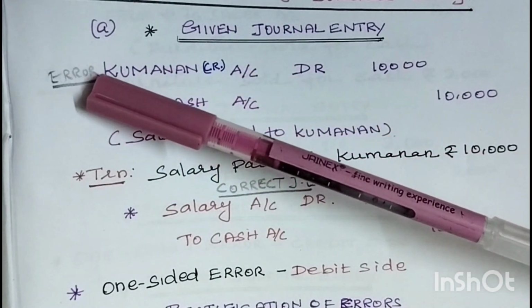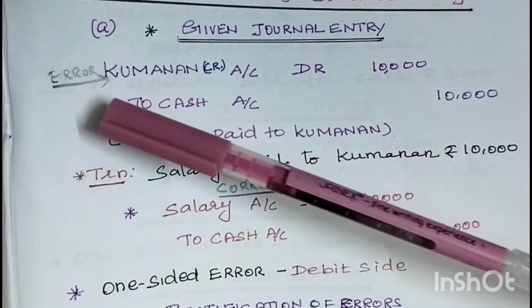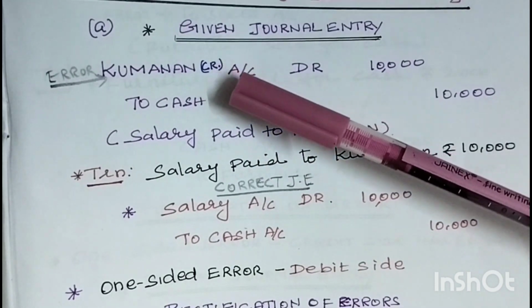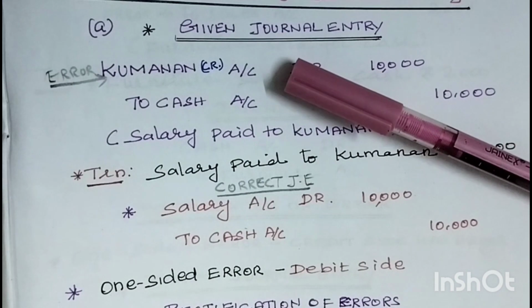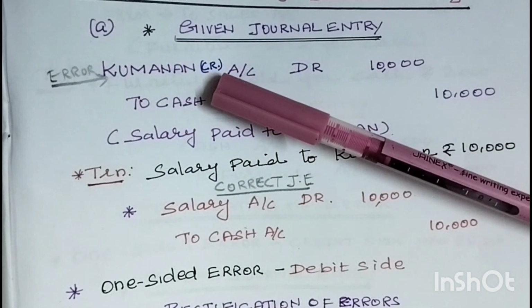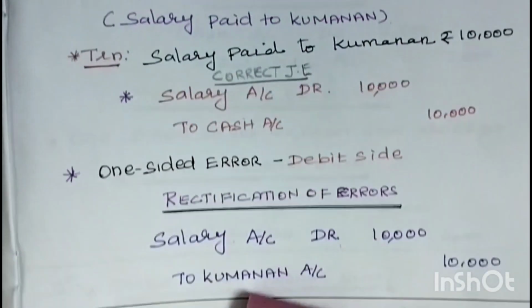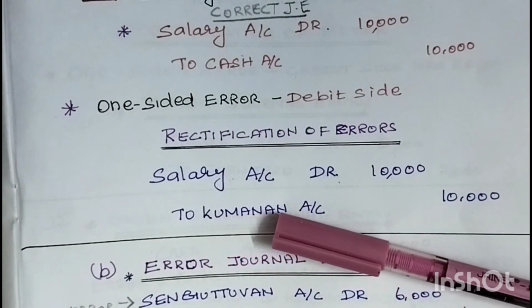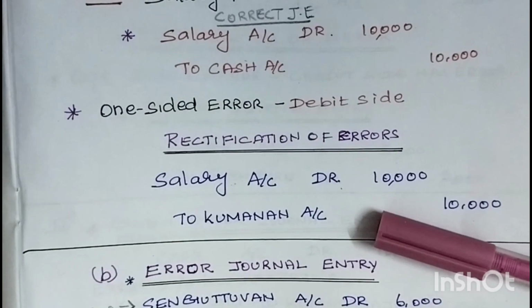On the debtor side, Kumaran account is the error. So we have to credit it. Then only the error will be rectified. We have to credit the Kumaran account. So on the credit side, we have to write to Kumaran account. Do you understand what I say?